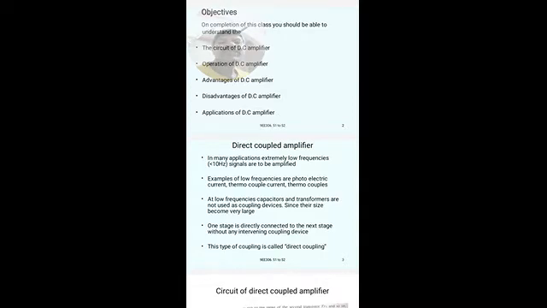At low frequencies, capacitors and transformers are not used as coupling devices because their size becomes very large. So in such cases we use a direct coupled amplifier for amplification of extremely low frequency signals.